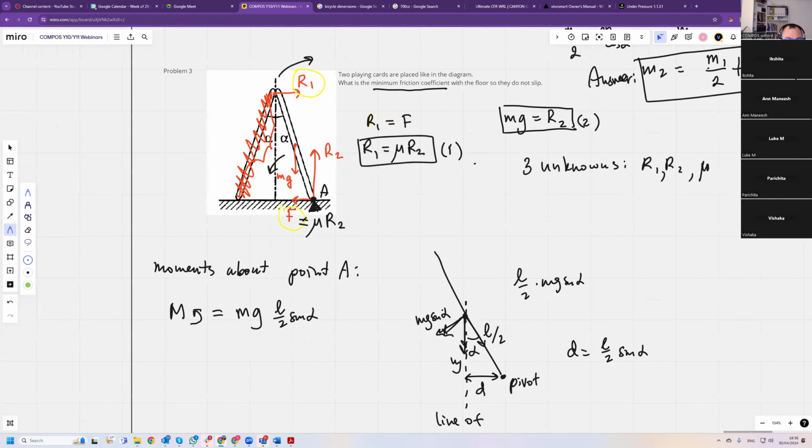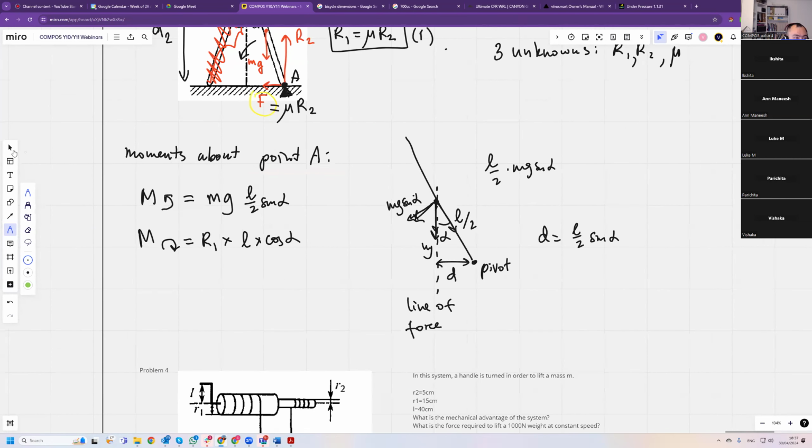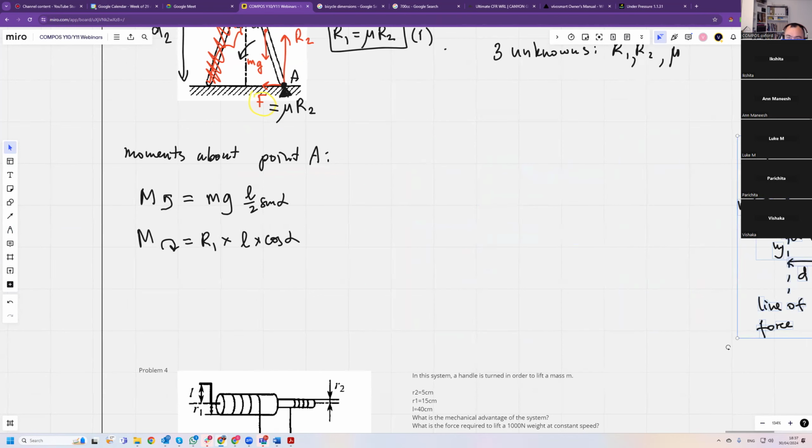And here we have the clockwise moment, which is R1 multiplied by the distance to the line of force, D2. That's going to be L multiplied by cos alpha. Because it's in equilibrium, the anticlockwise moment is equal to the clockwise moment.